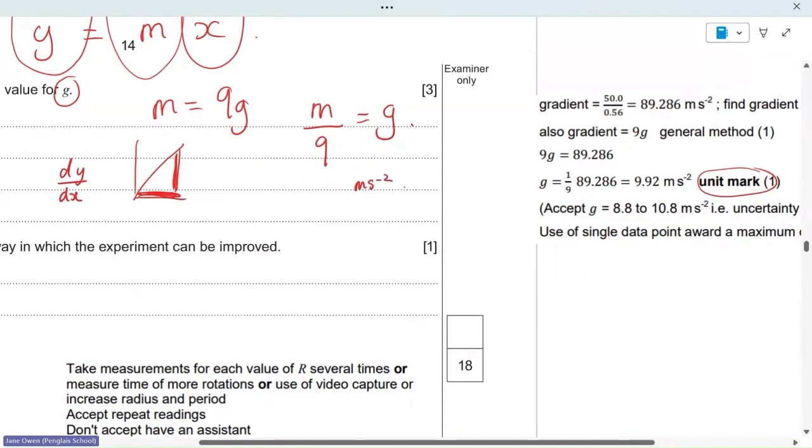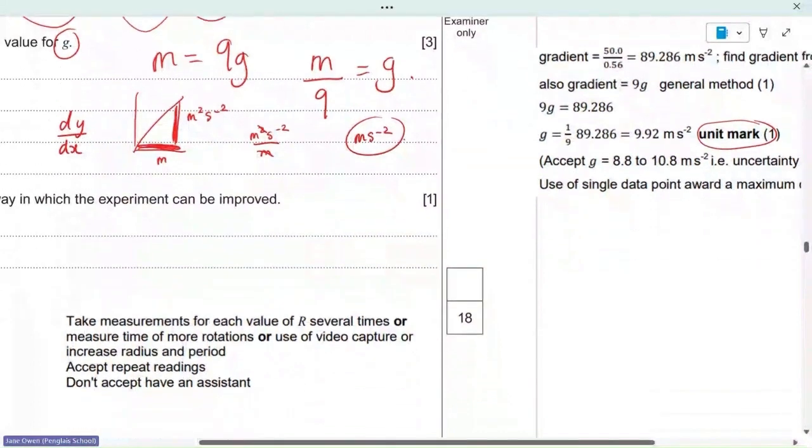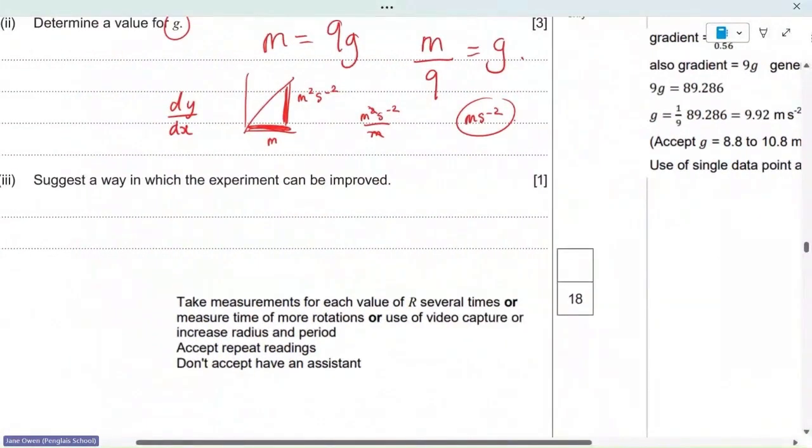Now, fortunately for you, you didn't have to work anything out in terms of units because they've already got them from the table, so you can take them across to the graph and then you can work it out because it's meters squared seconds minus 2 here, it's meters here. So when you put it into the equation, then one of the m's cancels to give you meters per second squared. Or you might just know that the unit for g is meters per second squared.